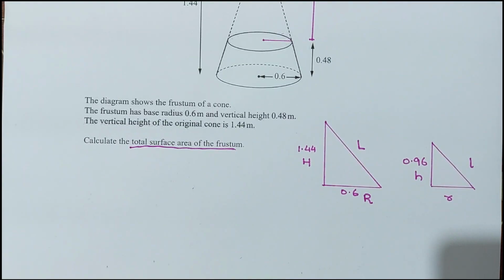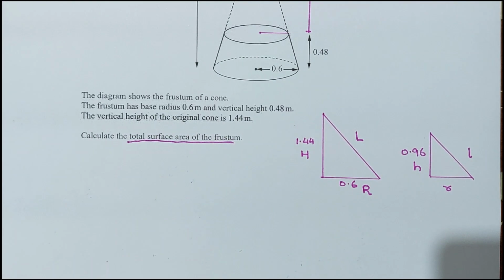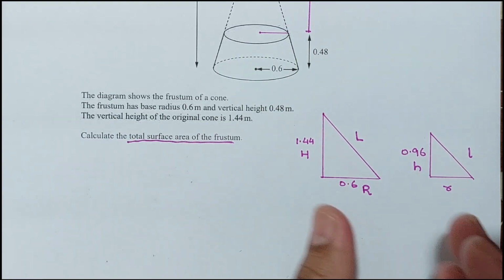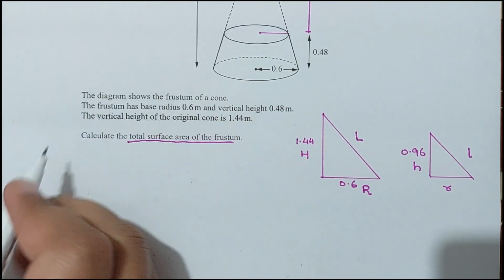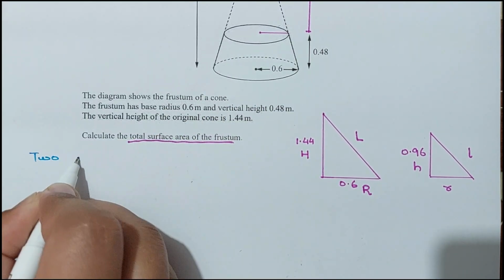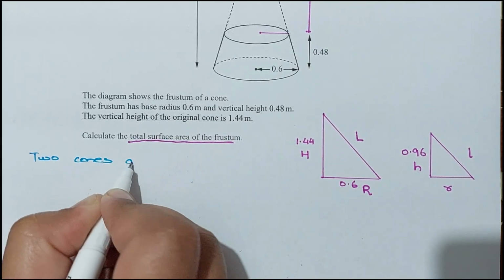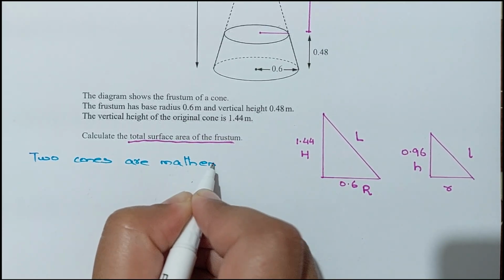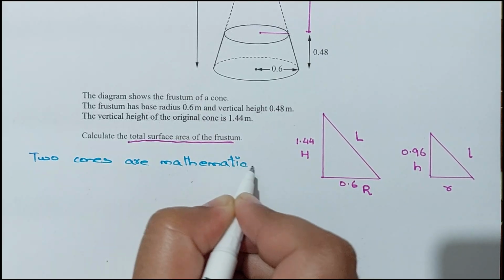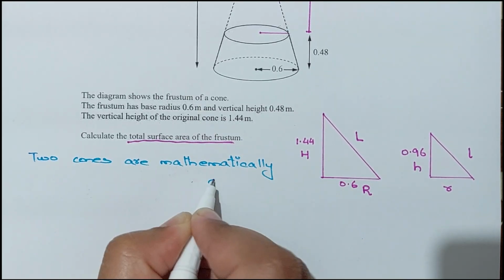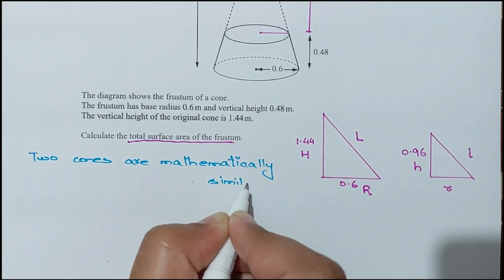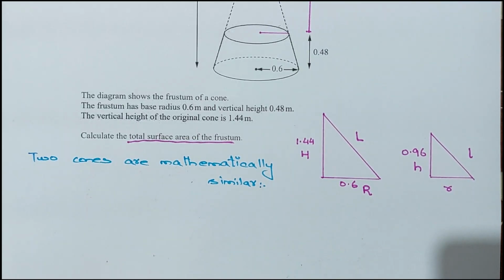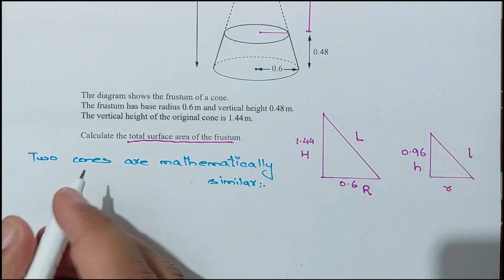Okay, let me solve for r first. As we know, the two cones are mathematically similar, so the ratios of their corresponding sides are equal. We have to solve for this small radius.